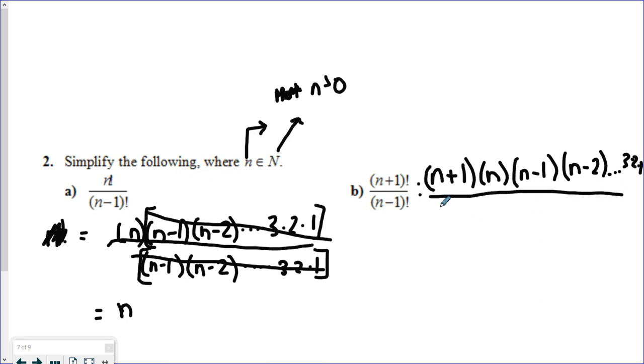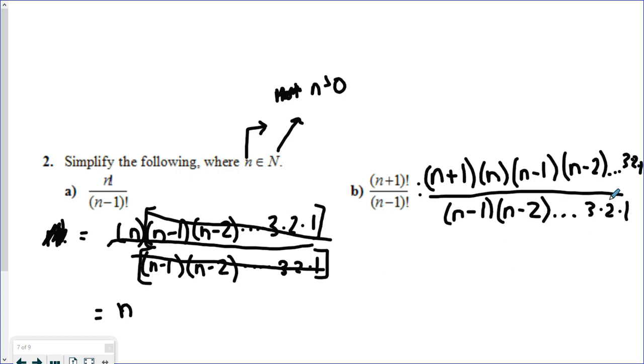In the denominator, n minus 1 factorial is n minus 1 multiplied by 1 less than that, n minus 2, right? dot, dot, dot, times 3 times 2 times 1.